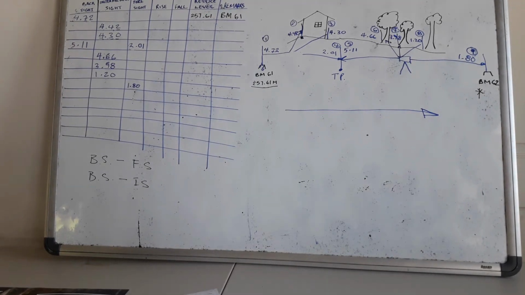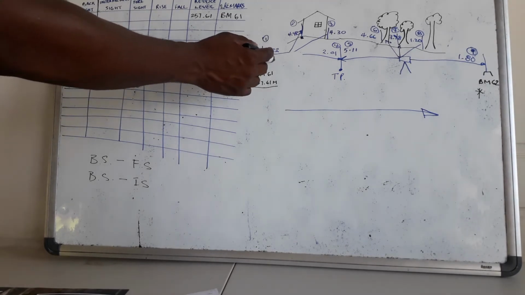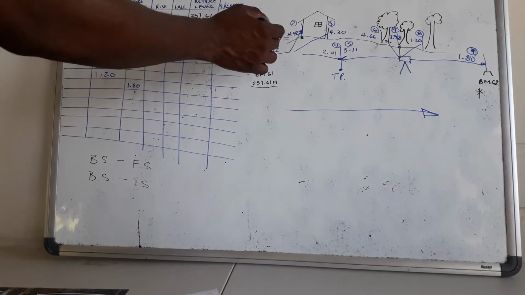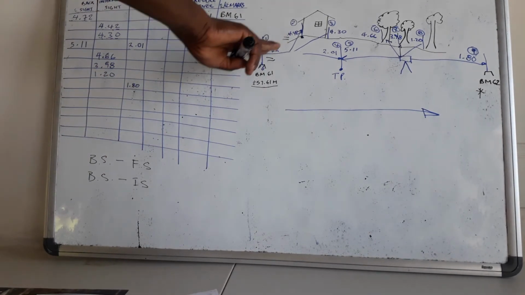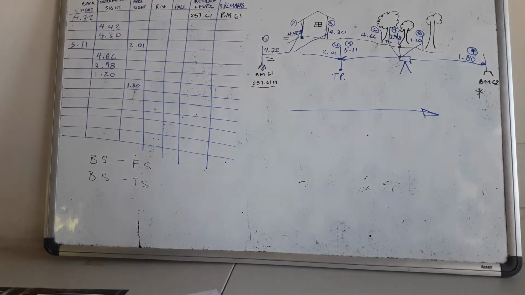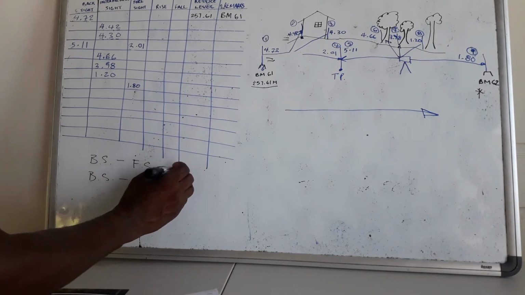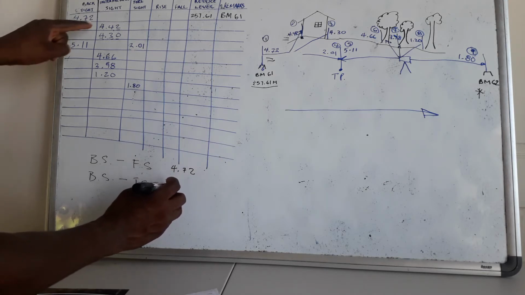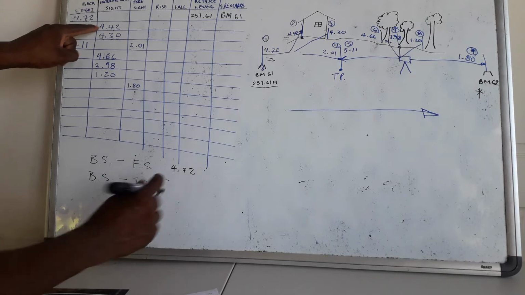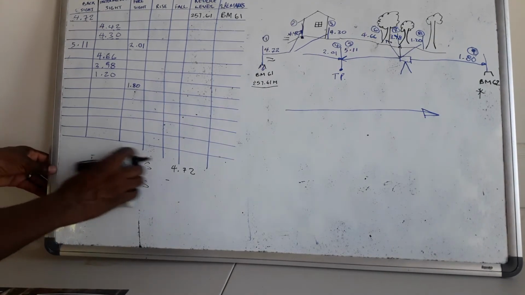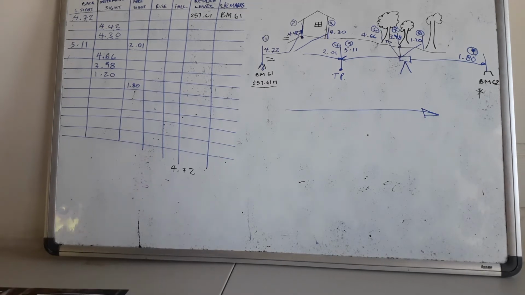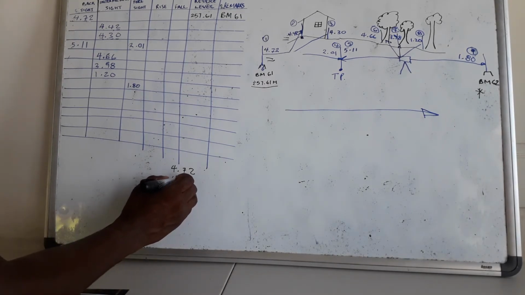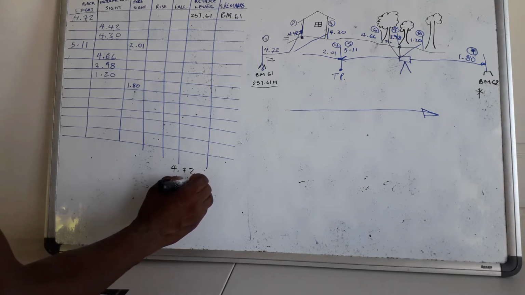Now then, we want to determine whether between our backsight reading here and our first intermediate sight reading there, it was a rise or a fall. So in this case, it would have been our first backsight reading, which would have been 4.72, less our first intermediate sight reading, which is 4.42.